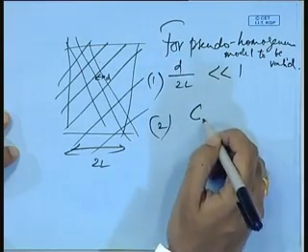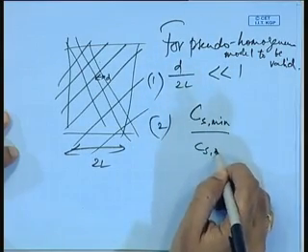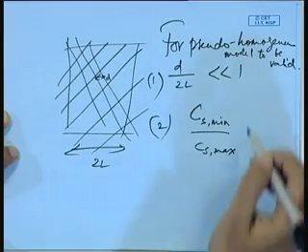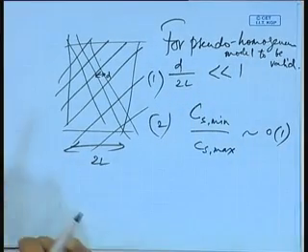The concentration CS minimum over CS maximum should be of the order 1. There shouldn't be a large variation between the maximum and the minimum concentration, because the whole idea here is averaging. Now, what does the average of any population signify? It means that you're trying to have a sense of the total population by looking at the average.